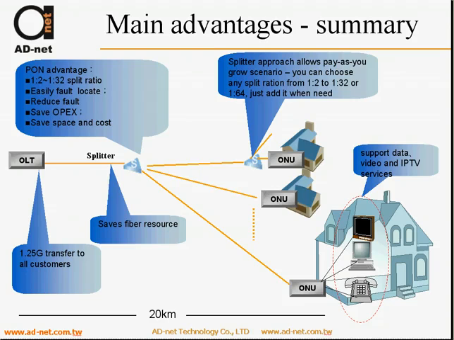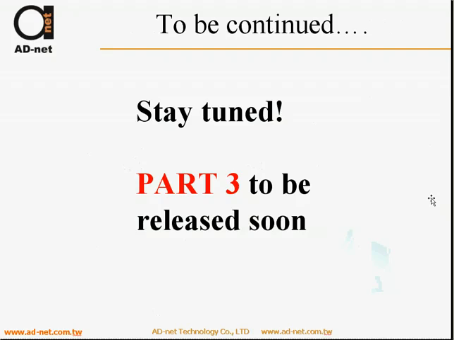Here you just install the fiber and install the splitter, and then you just wait for the customer to appear. And again, it's total video, data, and IPTV or traditional CATV. GPON is flexible. You can offer IPTV, and you can offer CATV services on the same fiber. That's what we wanted to say.